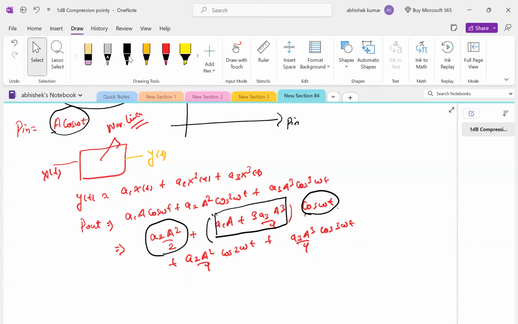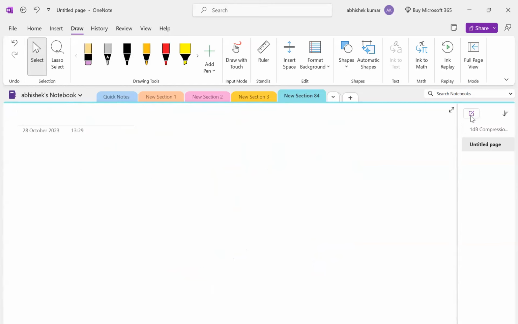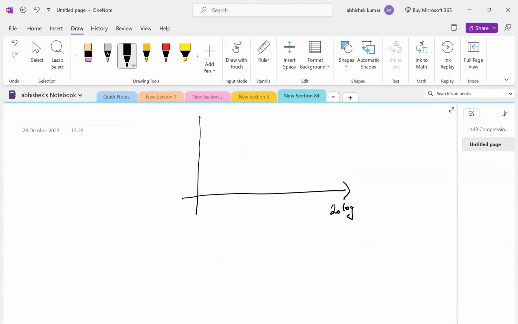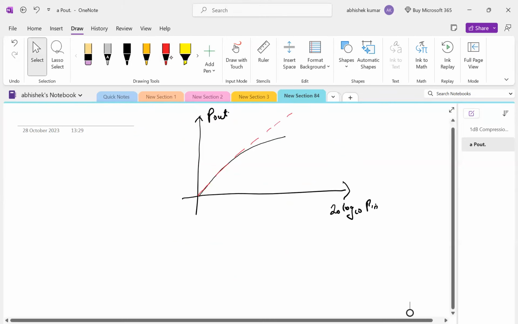Okay, so what happens? We have a 1 dB compression point. Suppose this is your P input and this is your P output. The actual gain is like that, but you were expecting it to be lower.